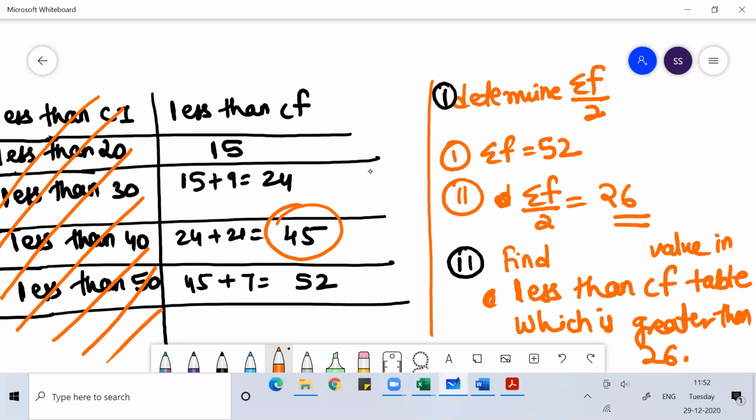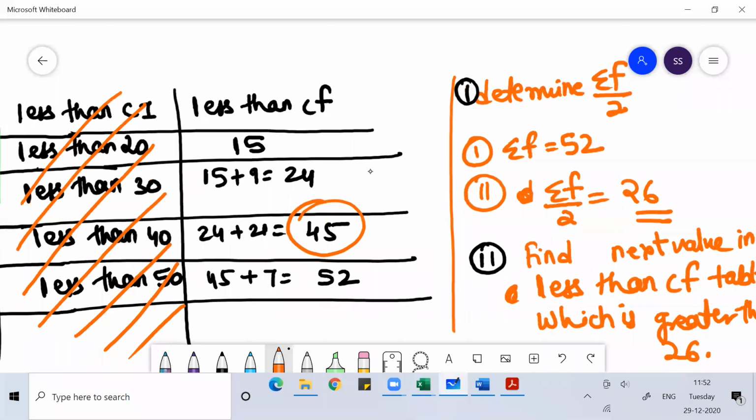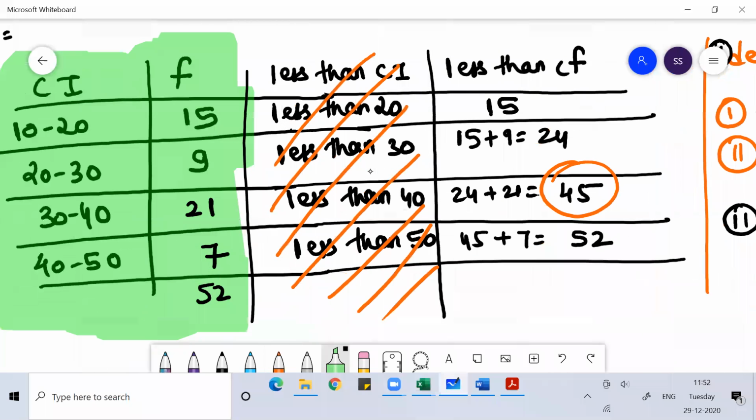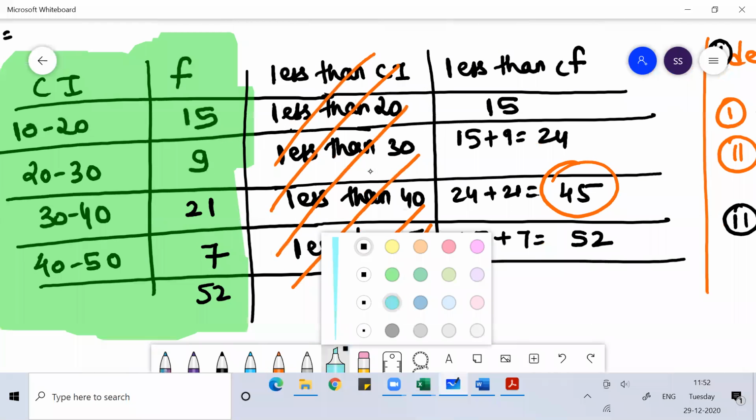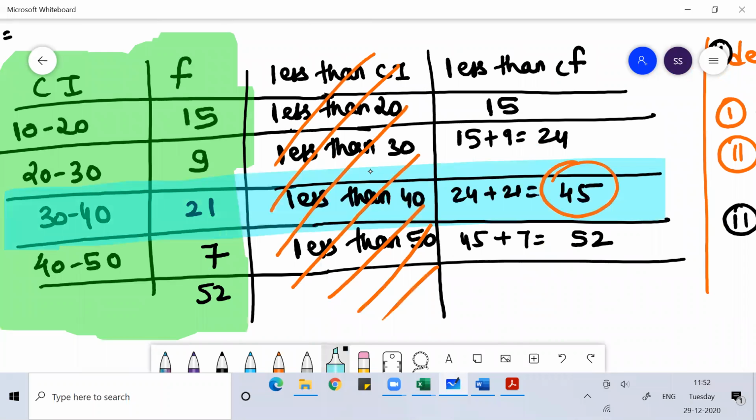In the less than cumulative frequency table, find the next value which is greater than 26. So the value you get is 45.